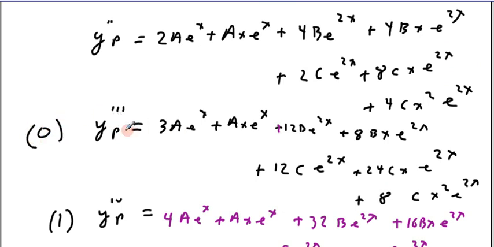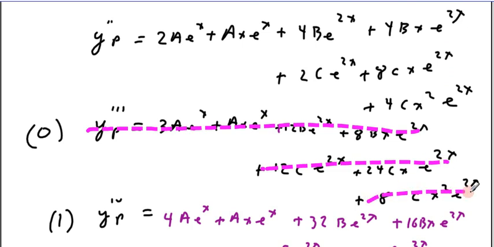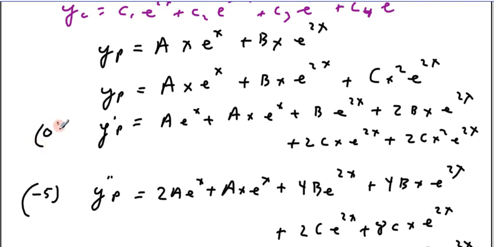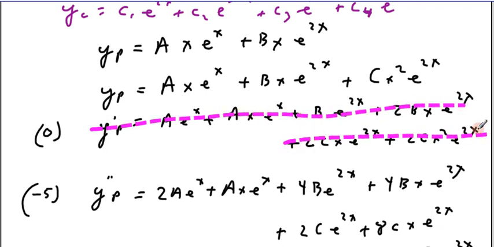So I'm going to take one of my markers here and put a crossy line through these guys because I'm not going to use them at all. And then I'm going to use minus 5 of those guys, and then 0 of the first derivative, and I'm going to use my crossy line again so I don't use it.